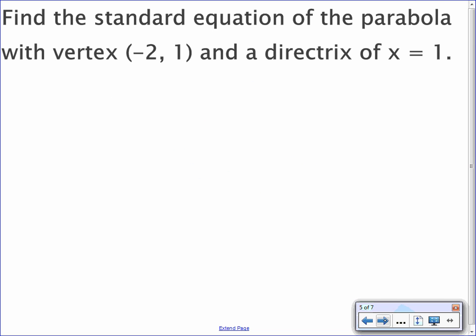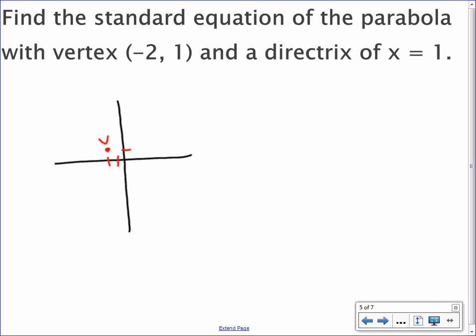Next example. Now we're working with the vertex and directrix. So our vertex is (-2, 1).